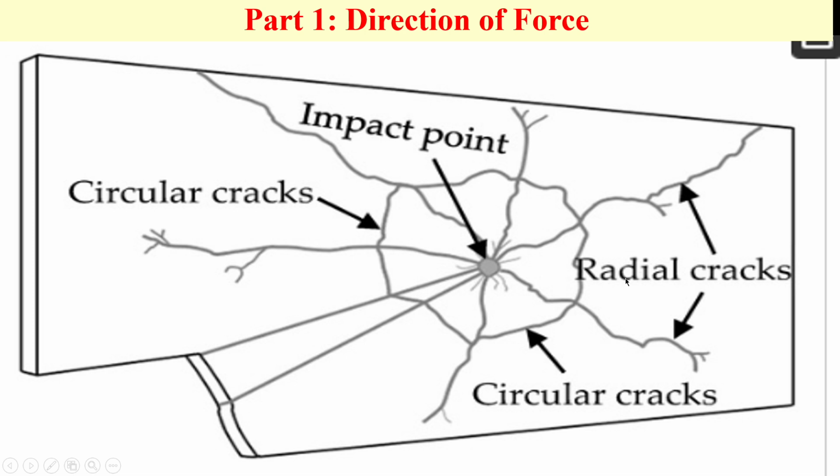One is radial cracks, which start from the center, from the point of impact, and radiate in the outside direction. This is called radial cracks, like this and this. The other is circular cracks, or concentric cracks, sometimes also called spiral cracks.